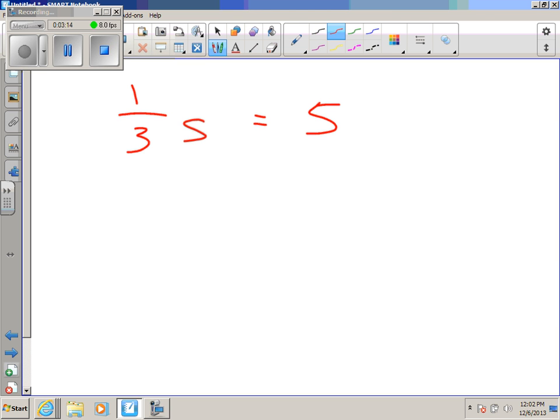One-third s equals 5. Variable s, when it's jammed up right next to a value, whether that value is a fraction or not, means what? It's being multiplied. So the opposite is to what? I'm going to divide by 1/3.